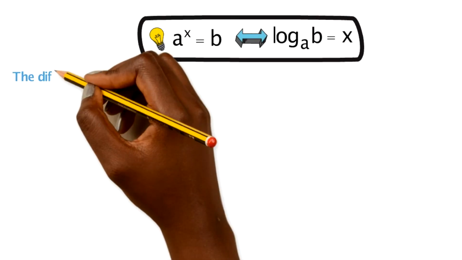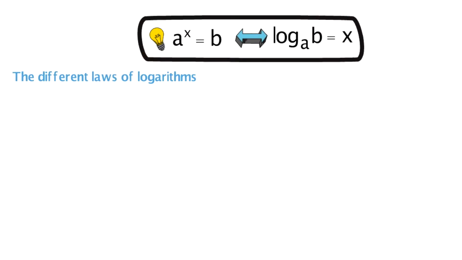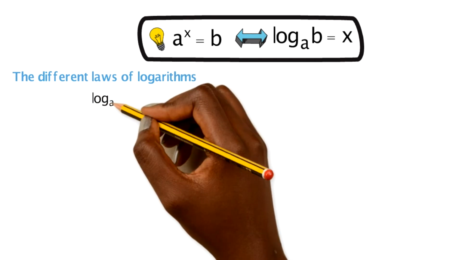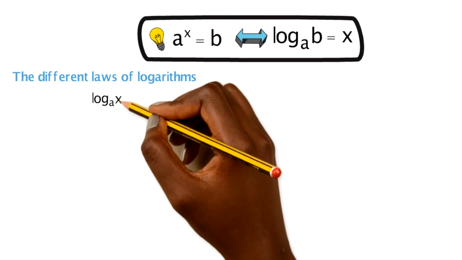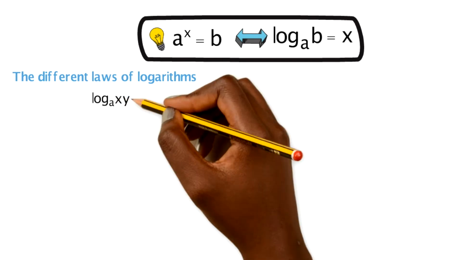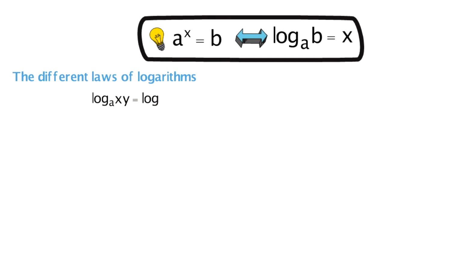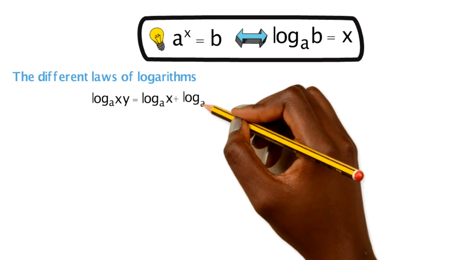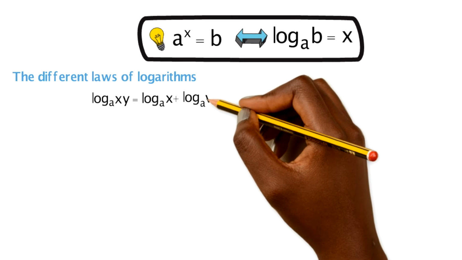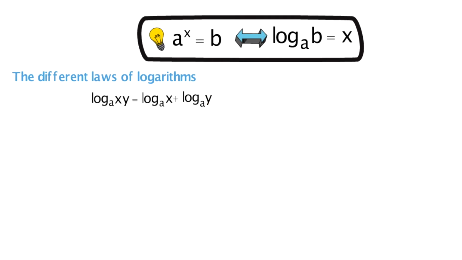It is very important for you to familiarize yourself with this formula and to understand it. However, other than this main formula, you do have different laws of logarithms which you do need to know, because unfortunately they do not give them in the formula booklets. So the first one is that if you have log base a xy, that would be equal to log base a x plus log base a y.